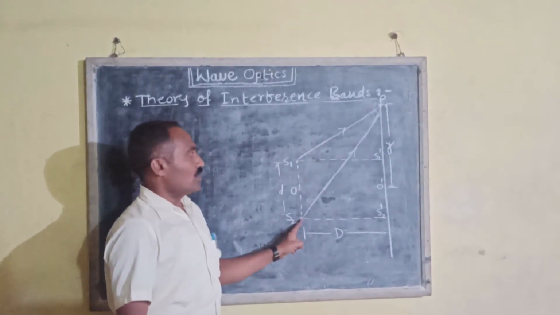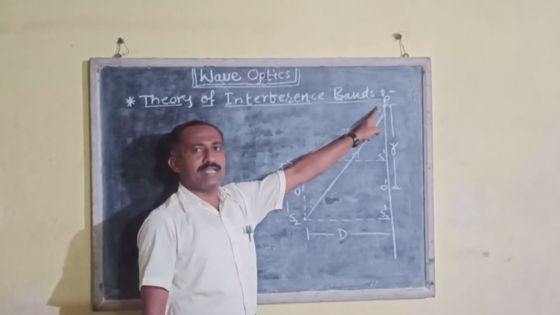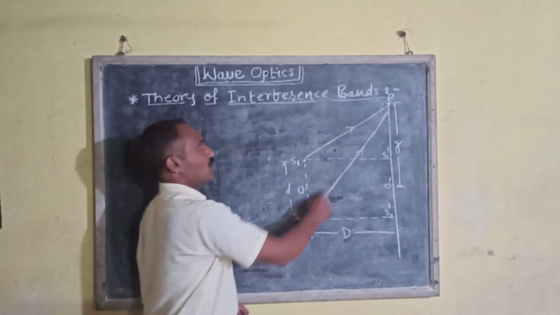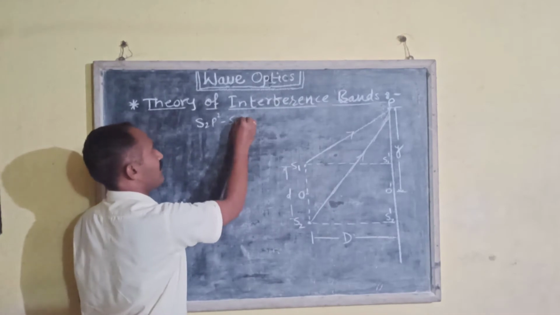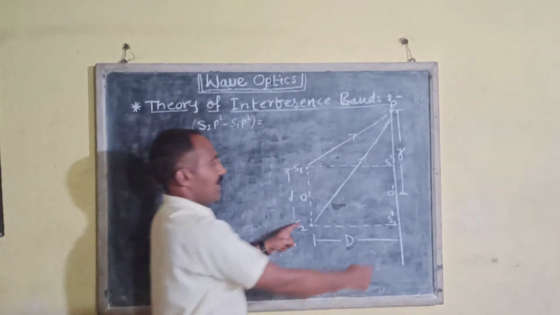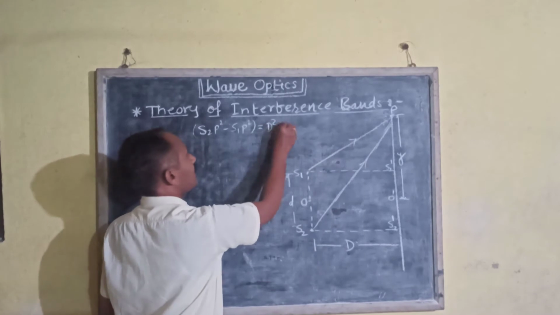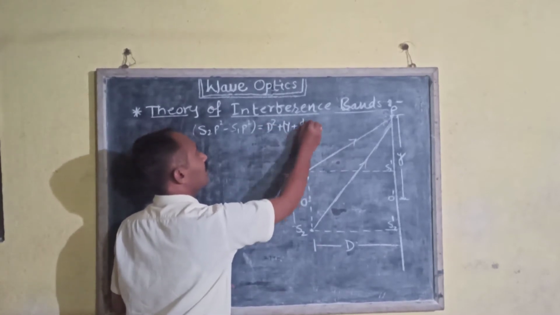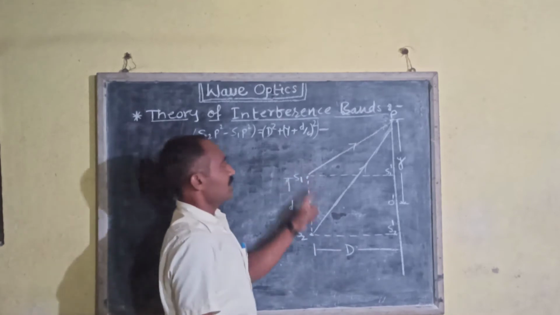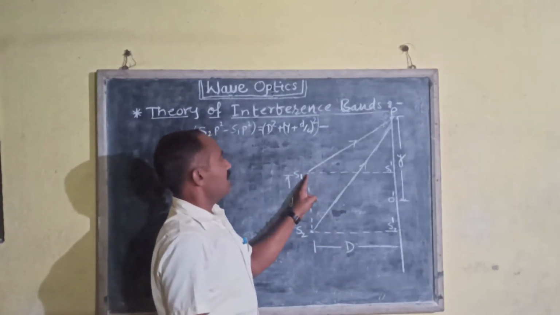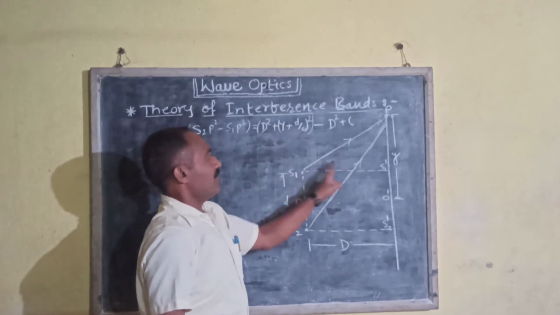Consider the two triangles S2 dash P and S1 dash P. We can write S2P square minus S1P square is equal to D square plus (y plus d by 2) square, minus D square plus (y minus d by 2) square.